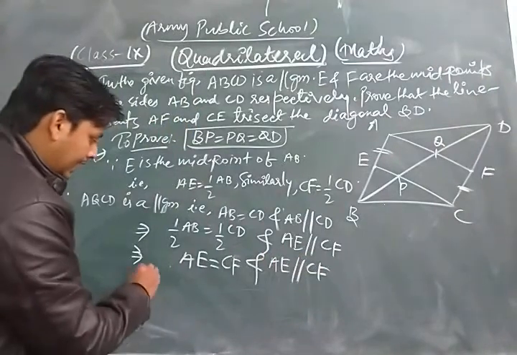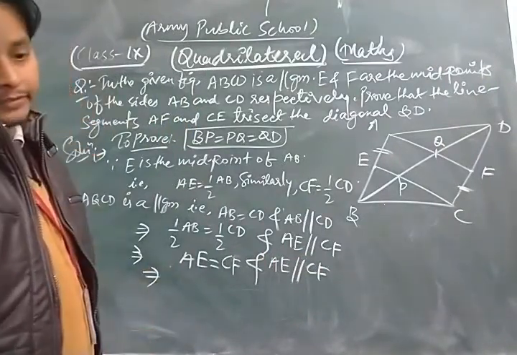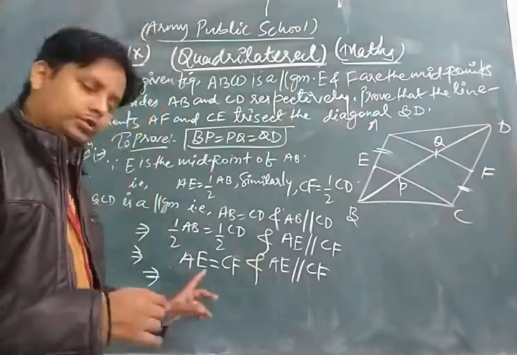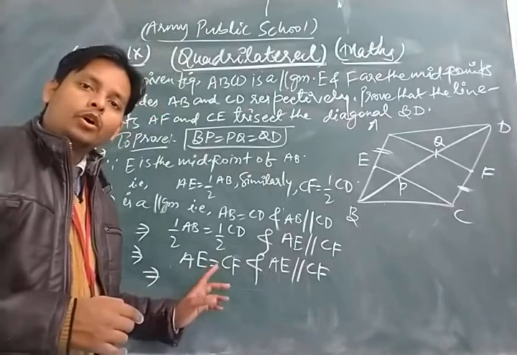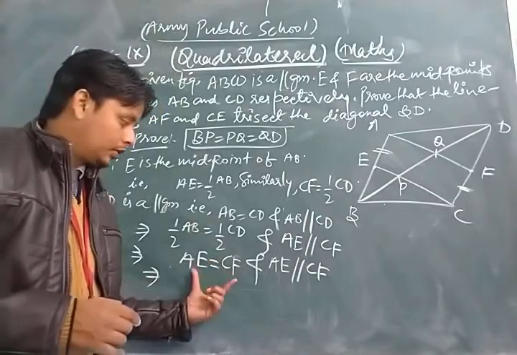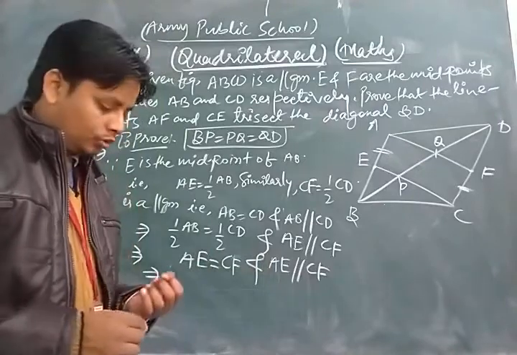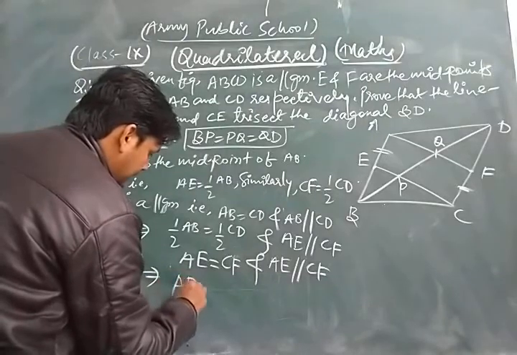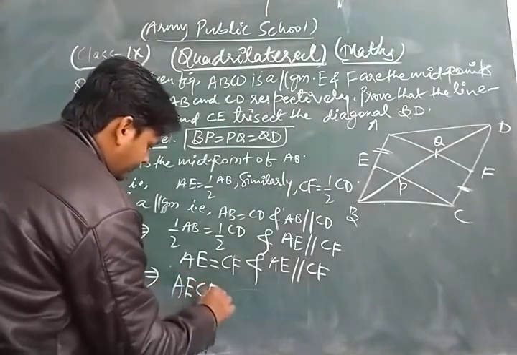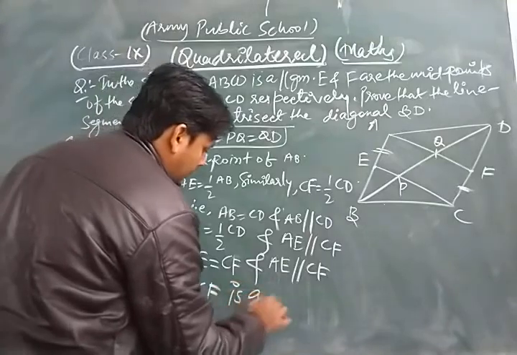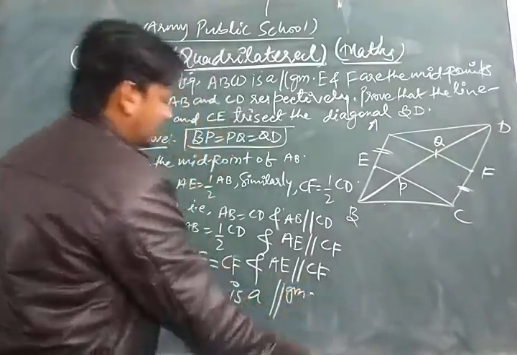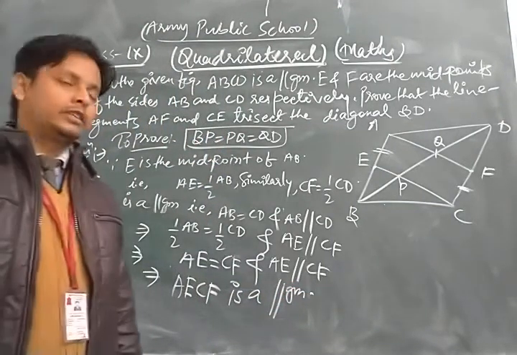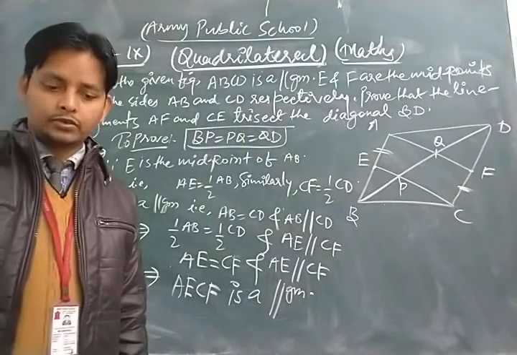Thus we can say that AECF is also a parallelogram, because opposite sides of the quadrilateral AECF are equal as well as parallel to each other. Now clear, yes friends?